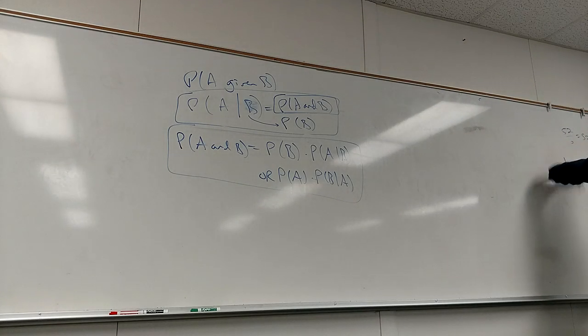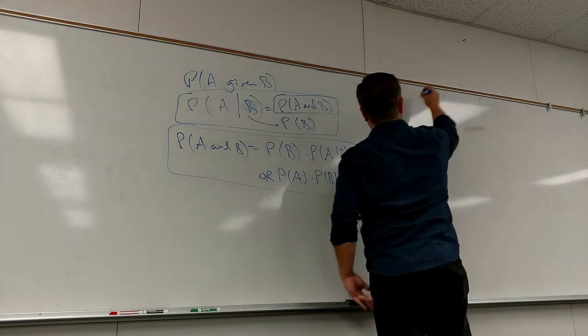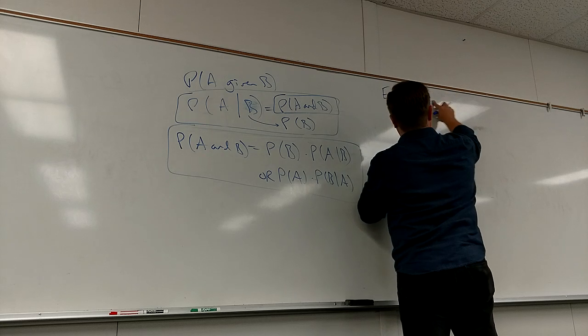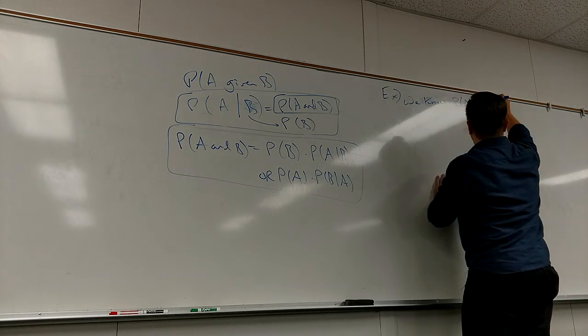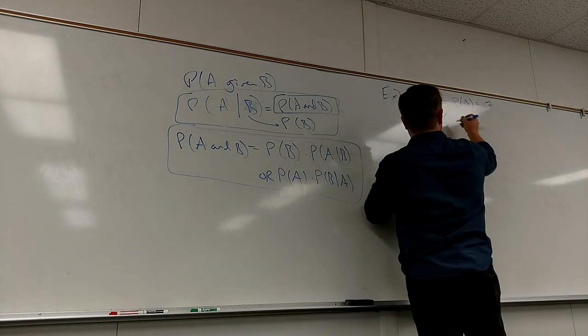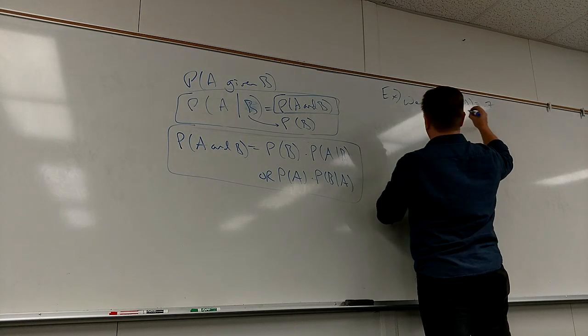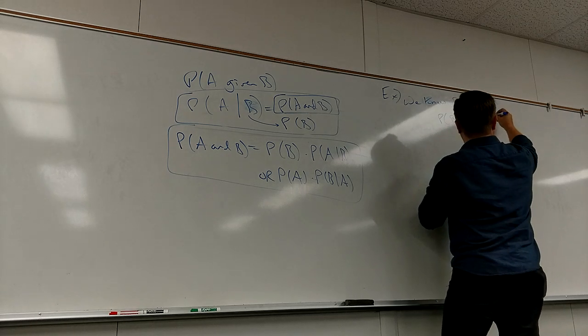So for example, if I said this, we know the probability of A is 0.7. The probability of B given A is 0.5.